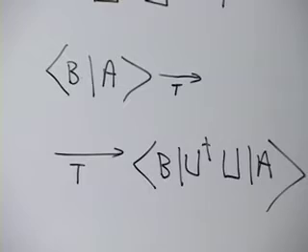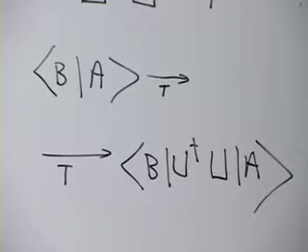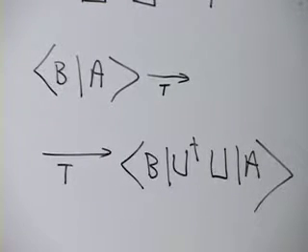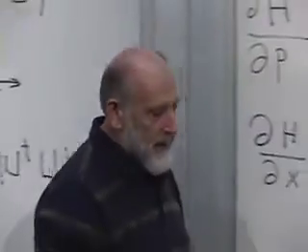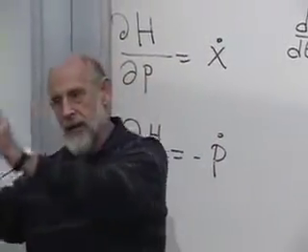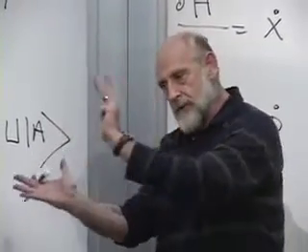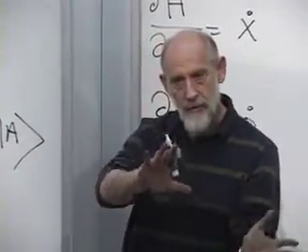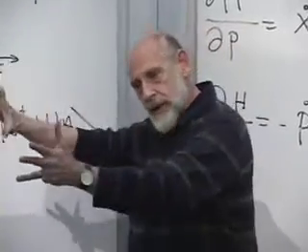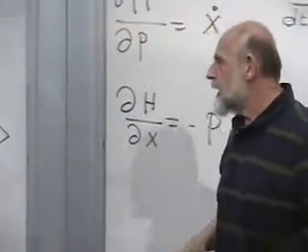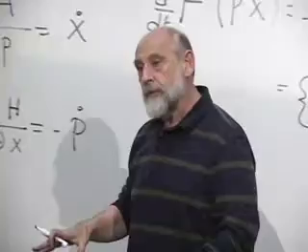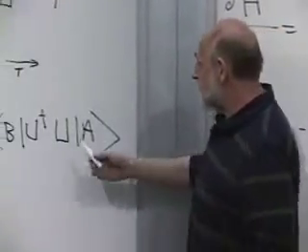If we insist that the relationships between vectors are preserved with time, if you want to picture this in your head, think of these vectors as evolving in time. The state vectors evolve in time, but keeping the angles between them fixed. In other words, the whole space of states sort of rotates. That's the way you can think about it, with all vectors and relationships between vectors being kept fixed.